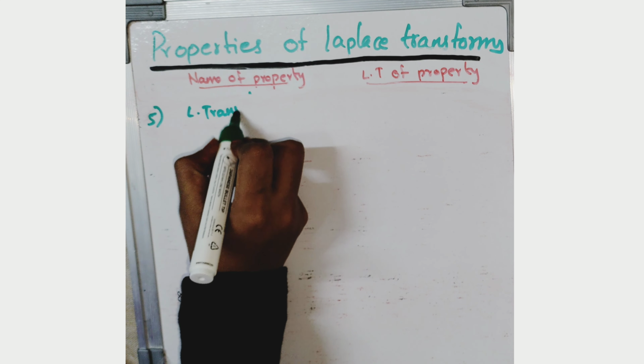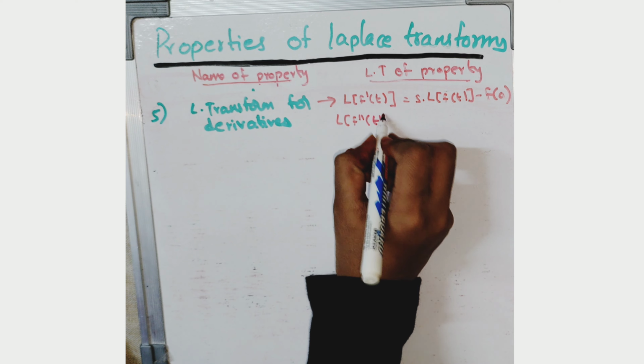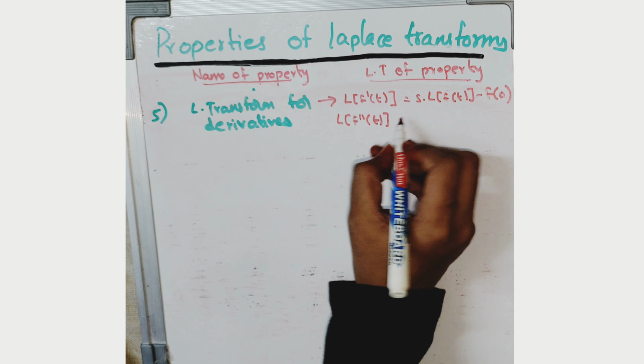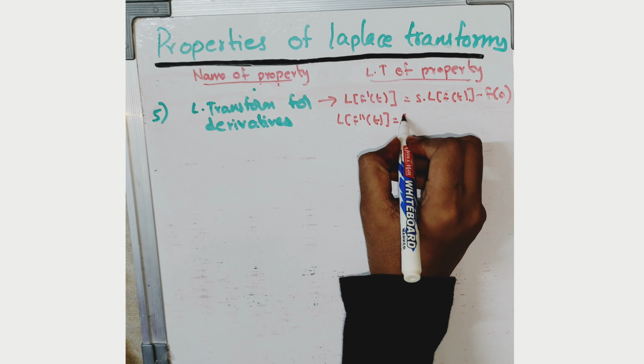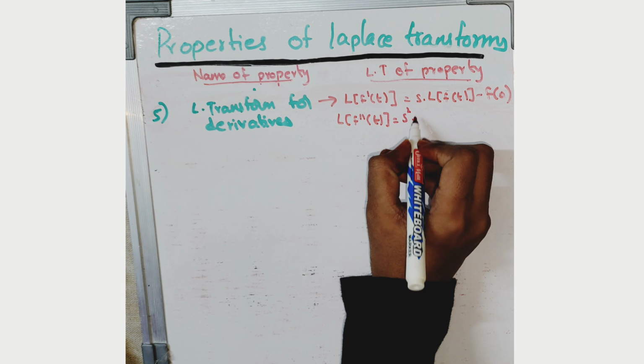Similarly, the Laplace transform of the double differentiation of f of t will be s square into Laplace transform of f of t minus s into f of 0 minus f dash of 0.